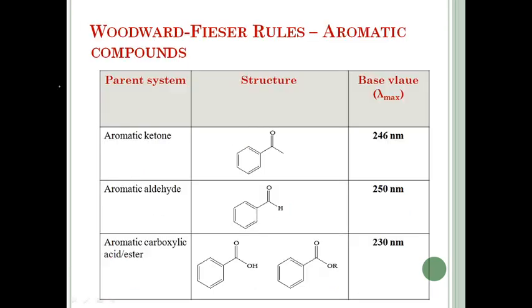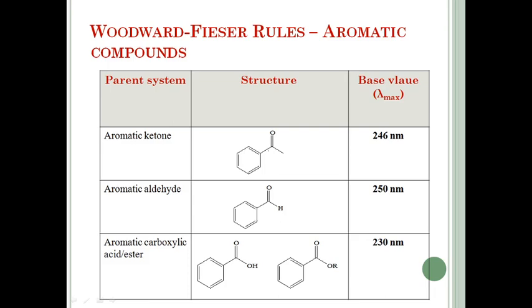Now this is the time for calculating the lambda max for aromatic compounds. In the aromatic system, if you see here, the compound consists of a benzene ring, and a ketone is present.